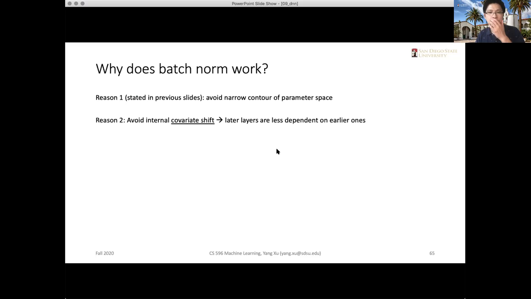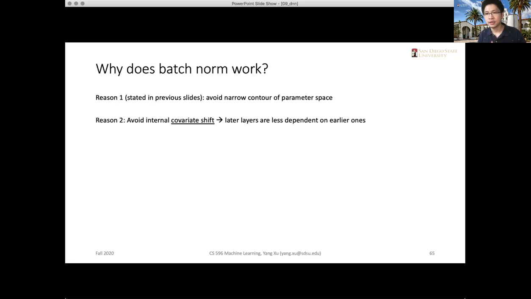In the theoretical arguments, I think in the original paper, the authors use the term covariant shifts.